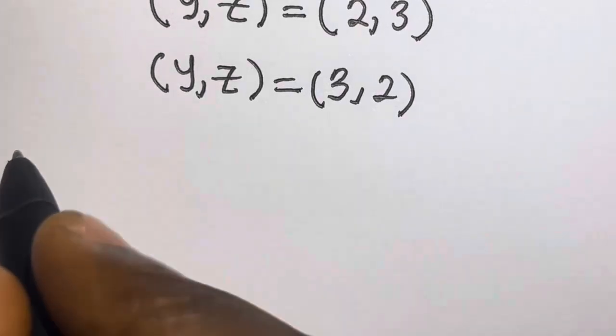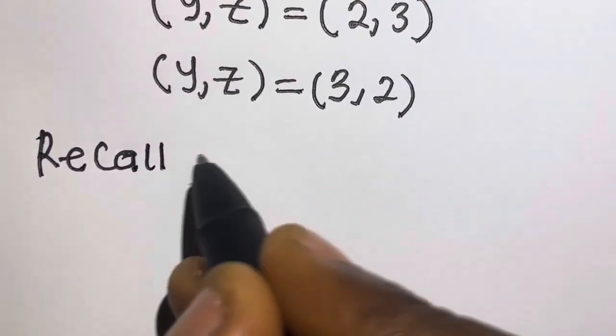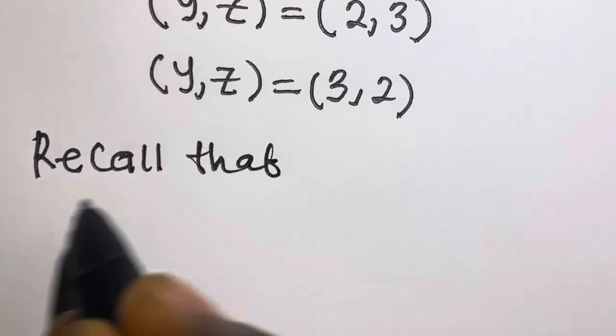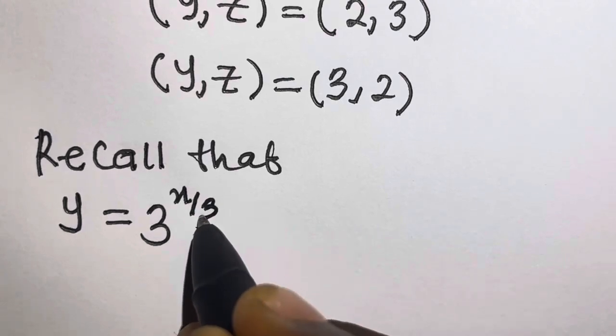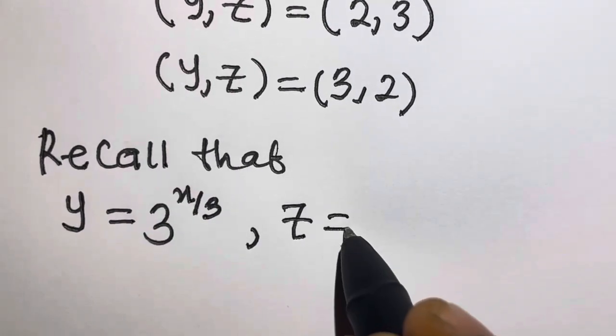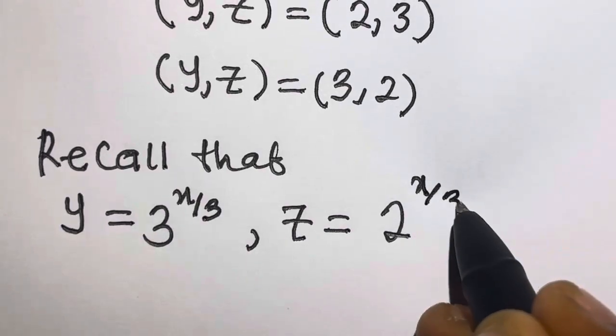So let's recall that our y equals 3 raised to power x divided by 3, and our z equals 2 raised to power x divided by 3, right?